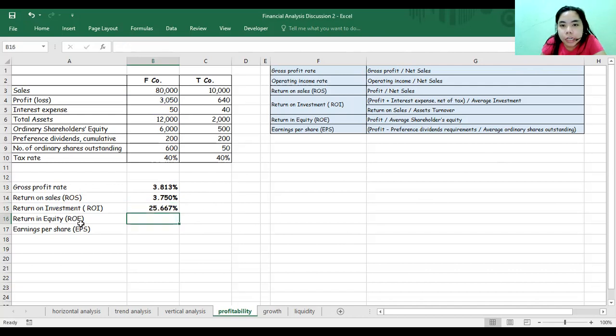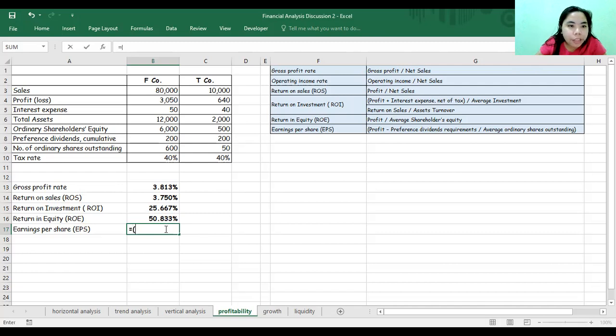For our return on equity, that would be profit divided by average shareholders' equity. Yes, and that's 50.833%. And for our earnings per share, it is profit less preference dividends requirement divided by our average ordinary shares outstanding.